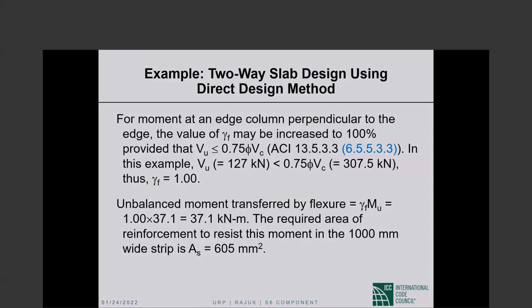I'm not sure I showed you V sub u. Anyway, you can definitely trust me on that. We have the condition satisfied that will give us gamma sub f of 1, V sub u less than 75% of phi times V sub c. Unbalanced moment transferred by flexure then is 100% of the 37.1, which is 37.1 kilonewton meters. The required area of reinforcement to resist this moment in the 1000 millimeter wide strip is 605 square millimeters.